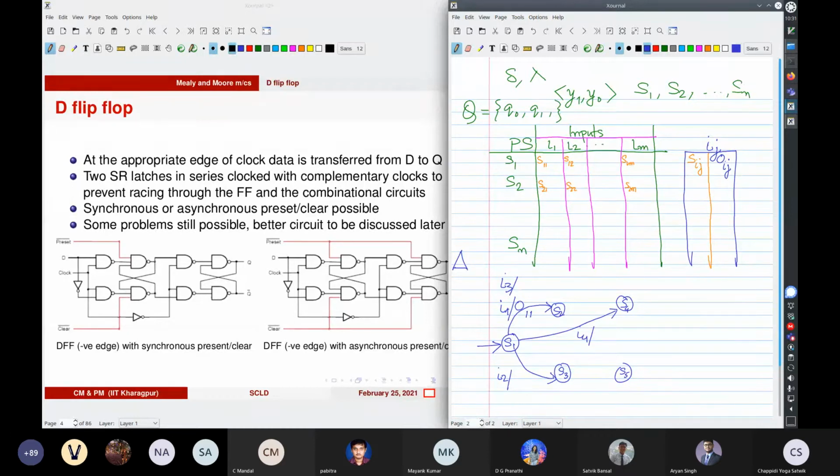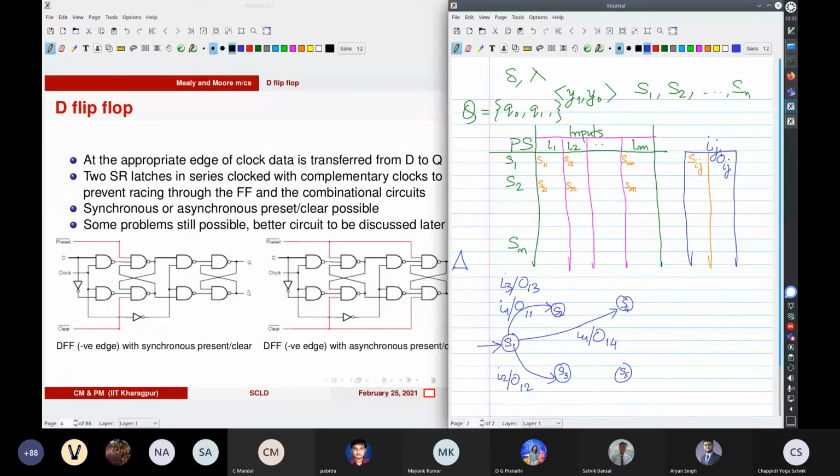This is O13, output from state 1 on input 3. This is O12, and so on. That is how I specify the machine. This is on input 4. So this is how I can specify the machine.